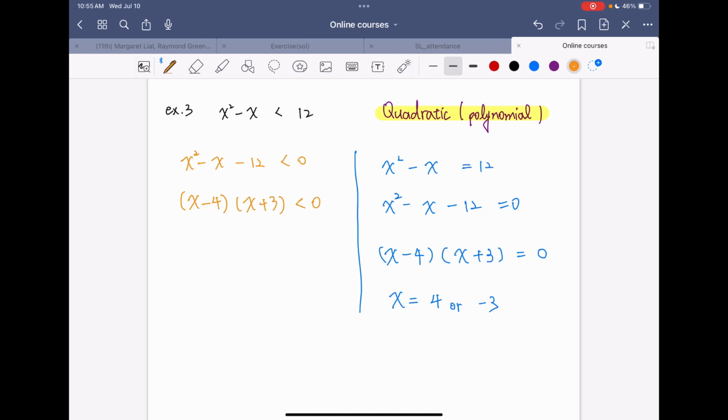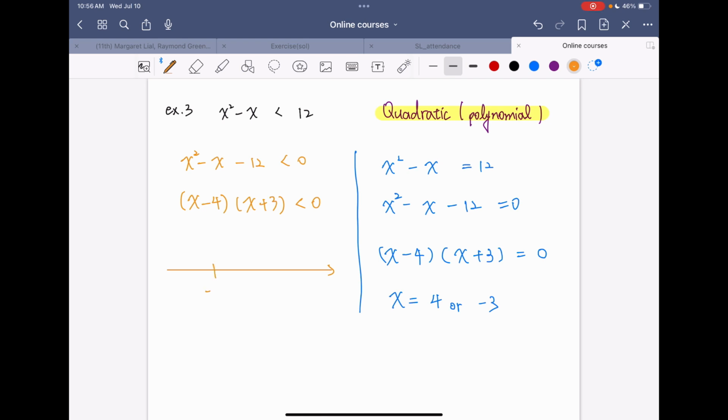At this part, we can know that this will give us a range, and these two points are what we use to find the range. So we draw a line here, and we verify each range by taking a number in the range and testing it.